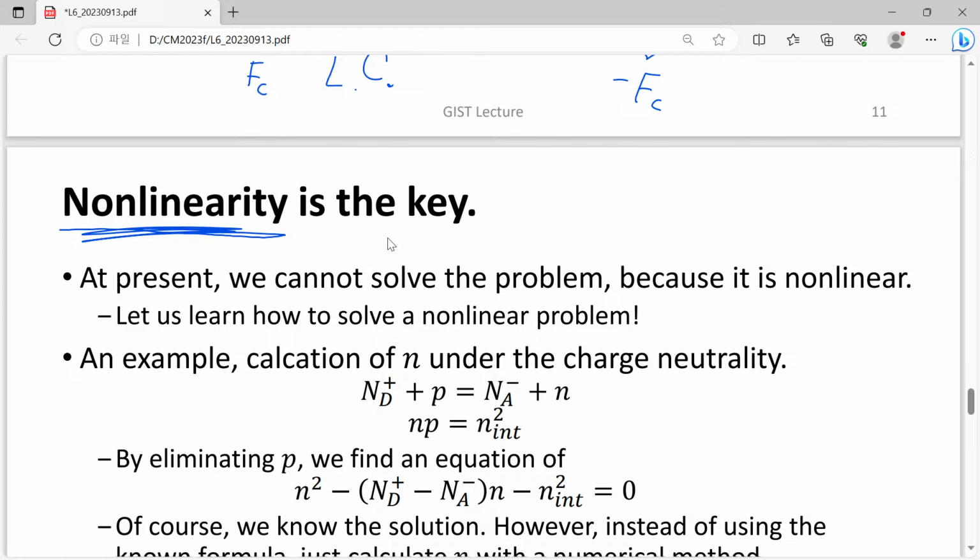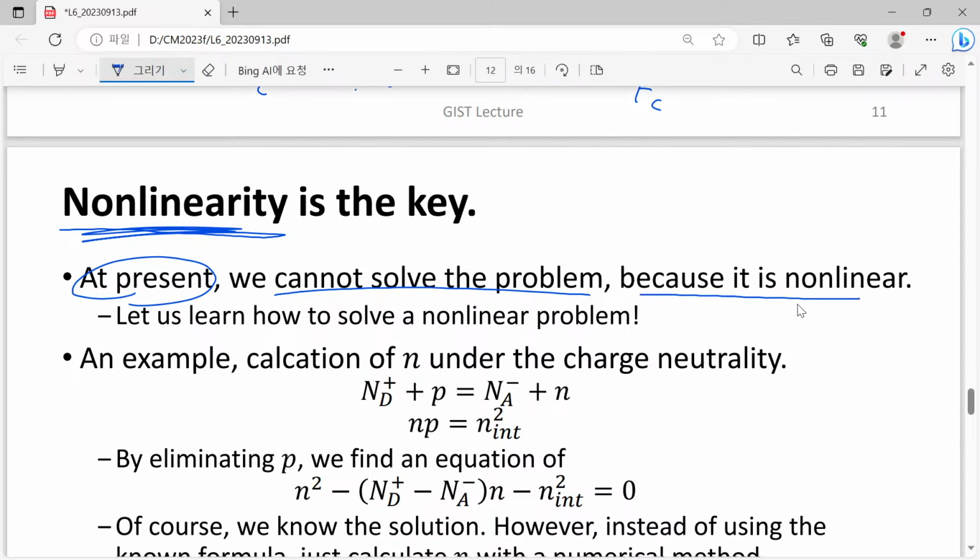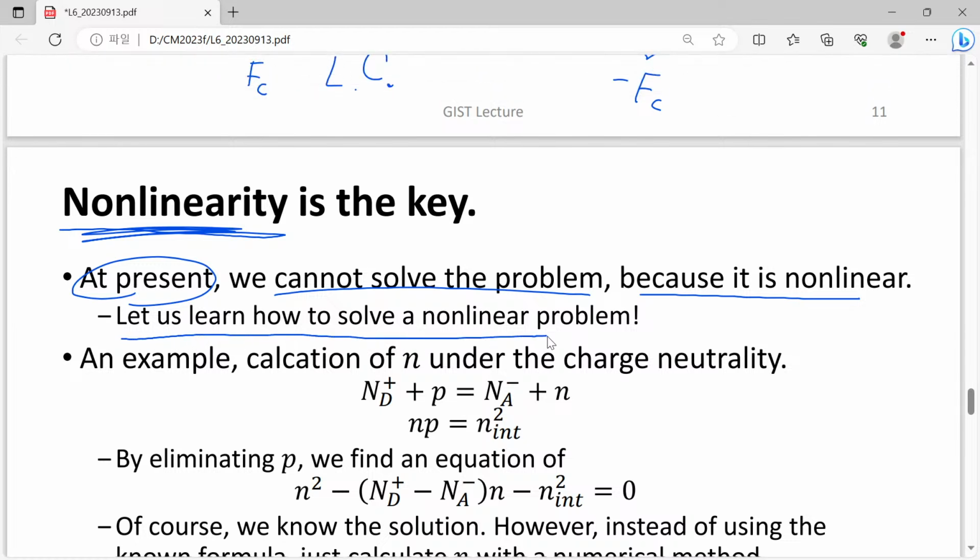Nonlinearity is the key difficulty to be coped with by our effort, and at present we cannot solve the problem shown in the previous slide, because it is nonlinear. So now we have to understand how we can solve a nonlinear system. That is really the key point.